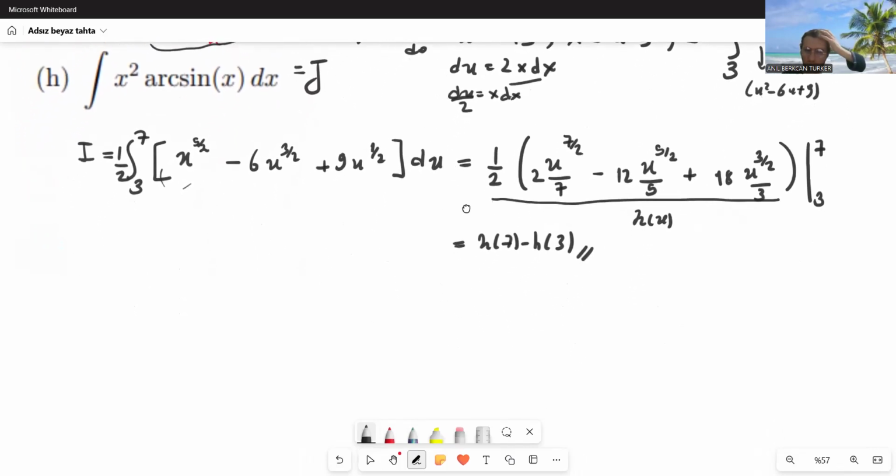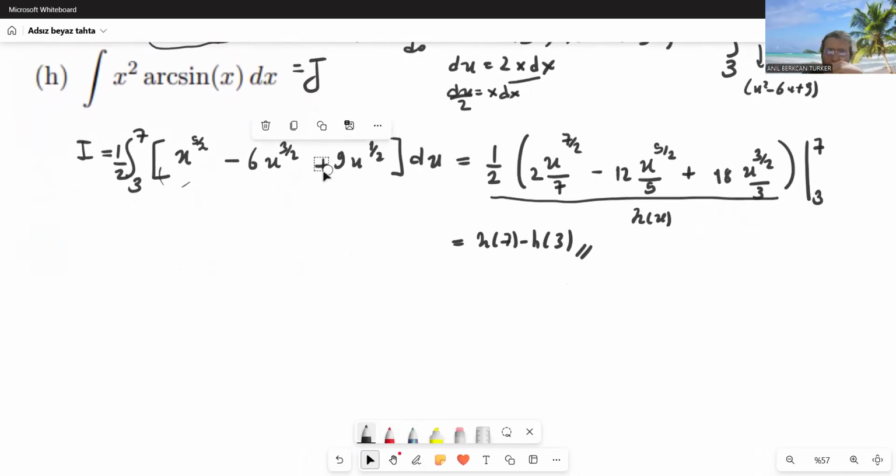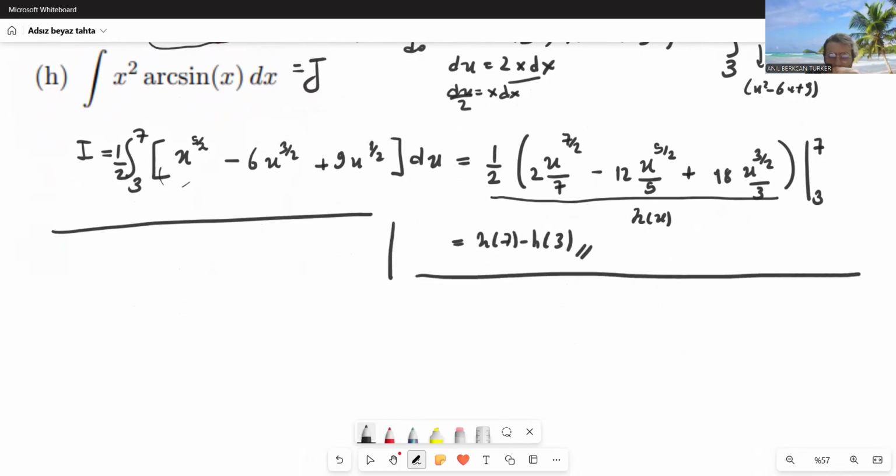Let me do the part H. So this integral, okay, we have arcsin x. Do we know what is the integral of arcsin? Probably to be able to say this, you need to apply integration by parts again, right?